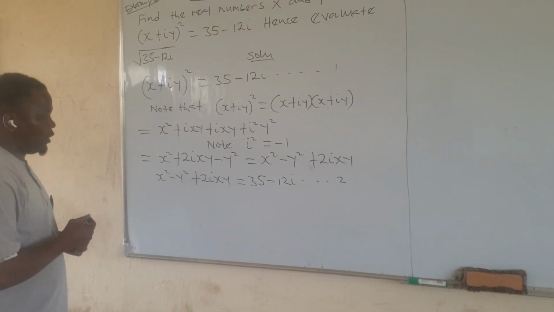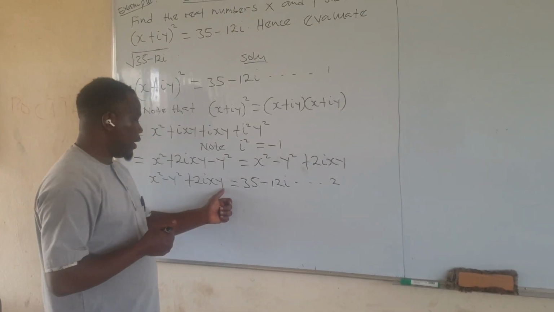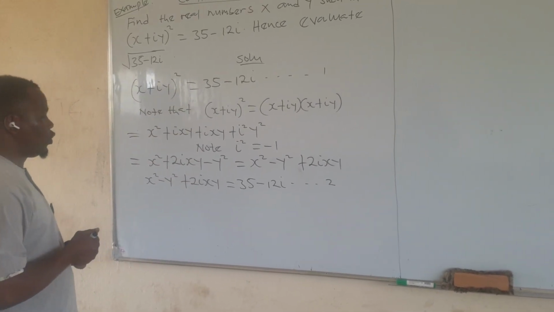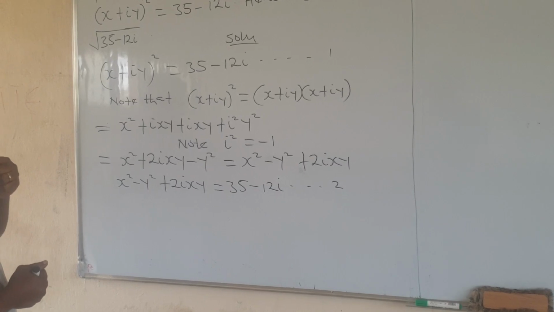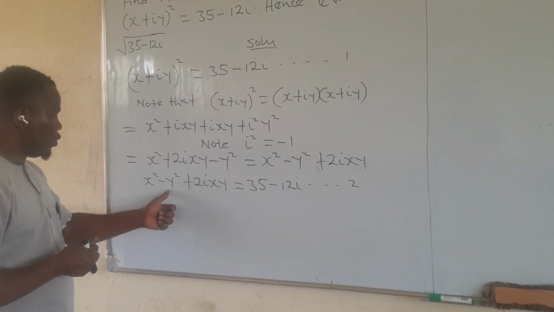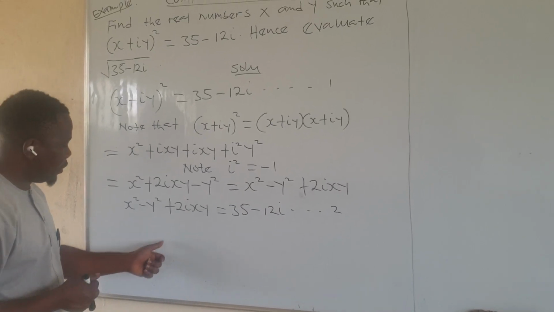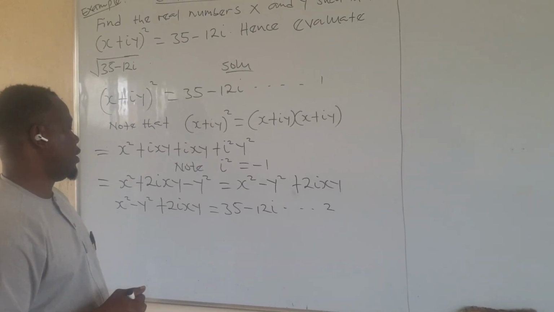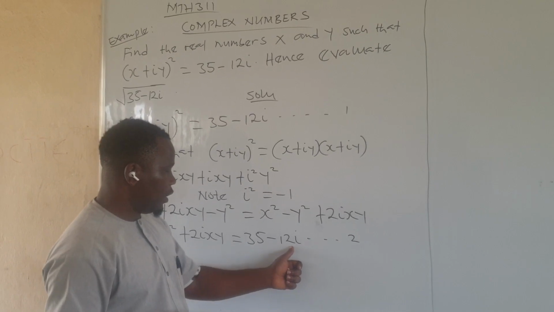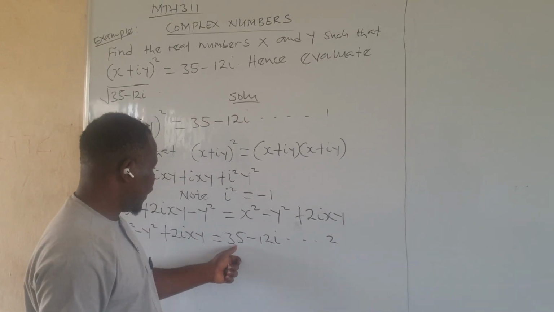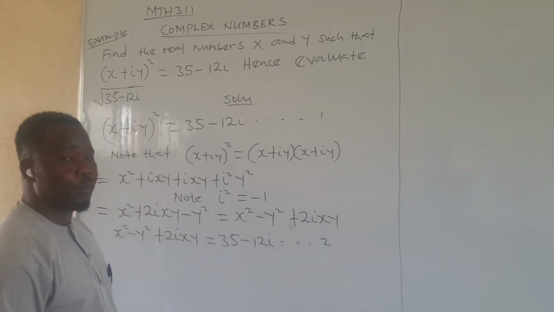Now look at the left hand side and the right hand side of equation 2. You know that without one telling you, the left hand side has the real parts and also the imaginary parts. And the right hand side too, without one telling you, it has what? The real parts and imaginary parts.